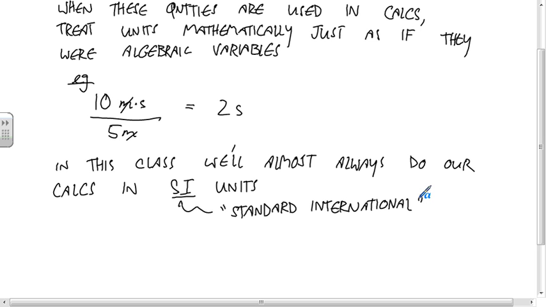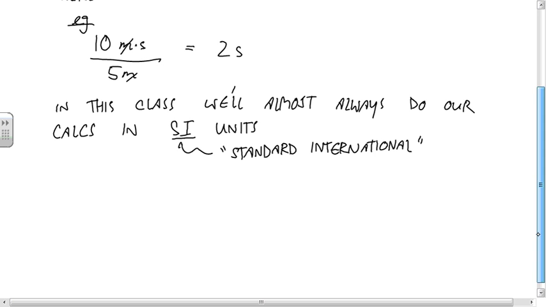But in a lot of engineering applications, you still use the American units, which were originally called the British imperial units, where length is feet, time is seconds, and mass is slugs. But we're going to use SI units where length is meters, time is seconds, and mass is kilograms.